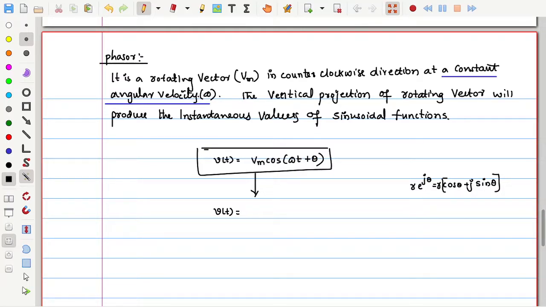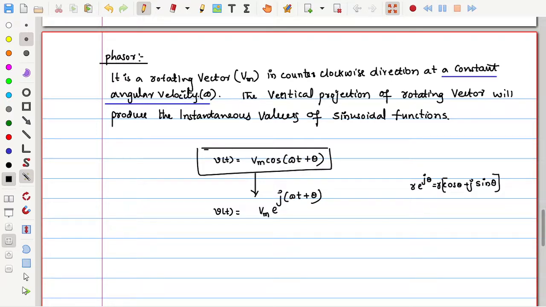Now can I write the cos corresponding thing as Vm e power j(omega t plus theta)? So what will I get if I split this? Vm cos(omega t plus theta) plus j Vm sin(omega t plus theta).